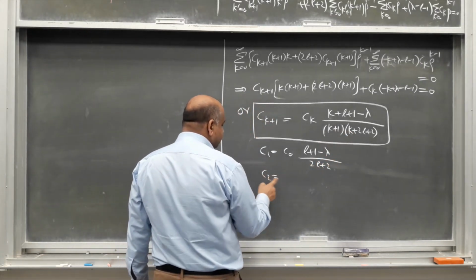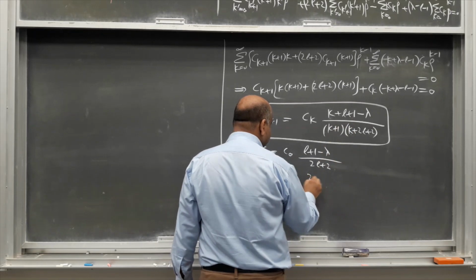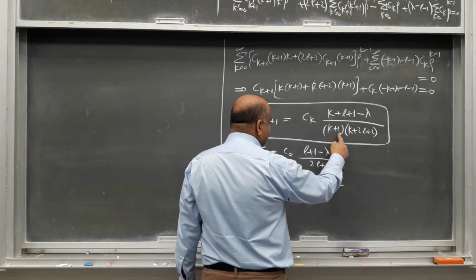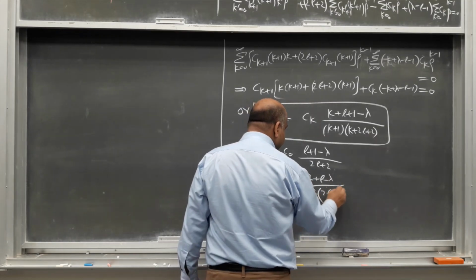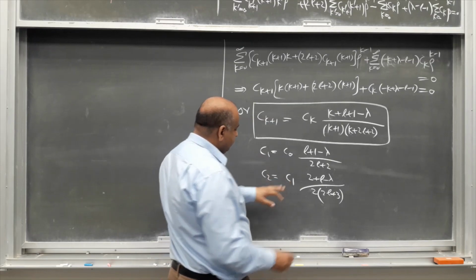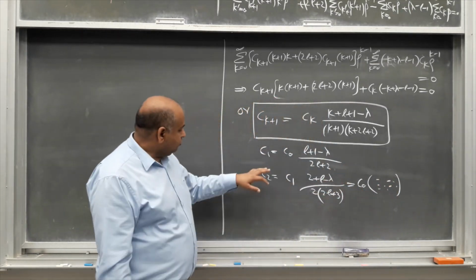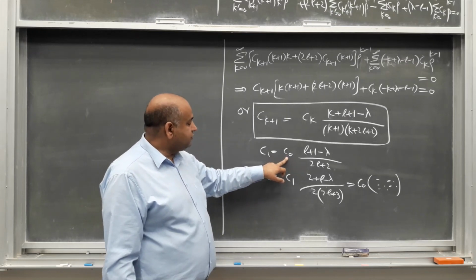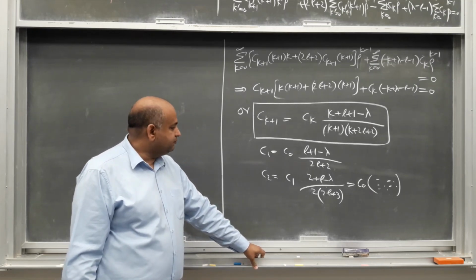Similarly, c2 would be when k is 1, so c1, 1 plus l plus 1 minus lambda, over 1 plus 1 is 2, k plus 2 is 3, 2l plus 3, and then c1 can be substituted from here. So if I substitute c1 here, I get c0 into whatever is left. So I can find all the coefficients just in terms of c0, which means that our final solution will have only one unknown, c0, which we can get from normalization.